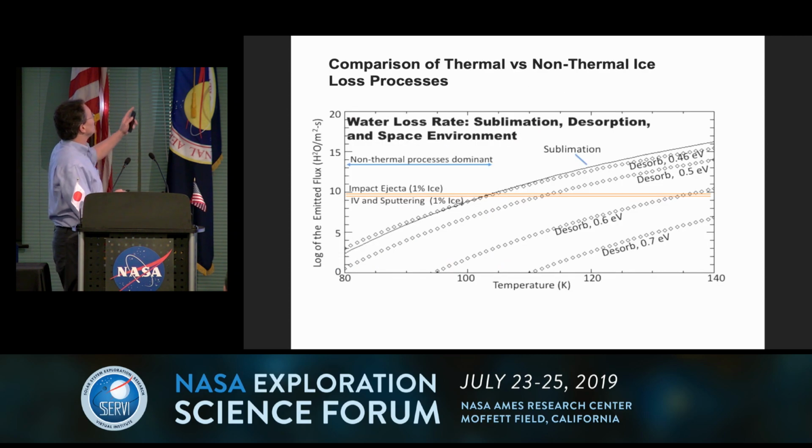So what I'm showing here is I want to compare now the thermal and non-thermal processes. What I have here is the Watson, Murray, and Brown sublimation rate, updated with the Andreas 2007 pressure. And what I also include here is desorption. In the polar craters, it's not clear if you have a sublimation process or a desorption process. They're actually different.